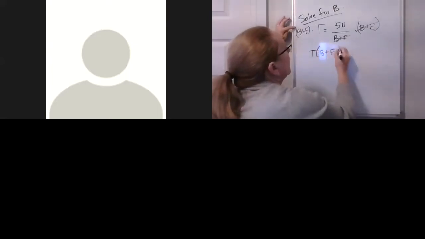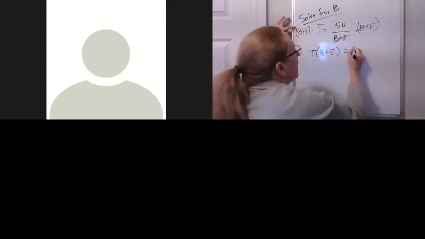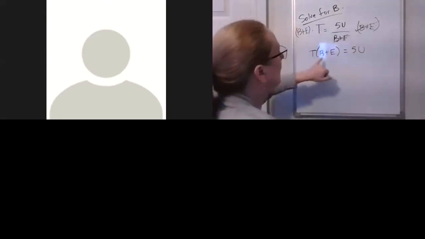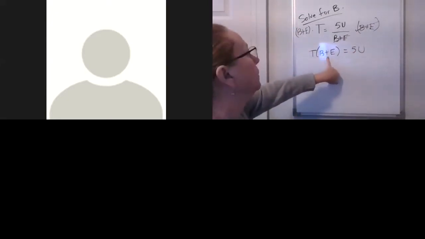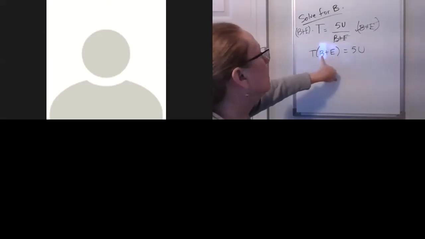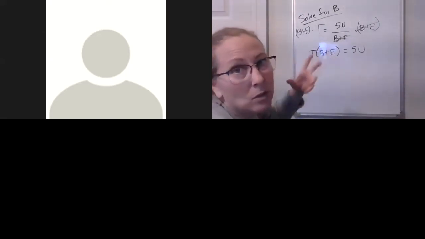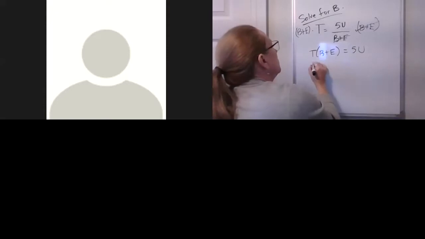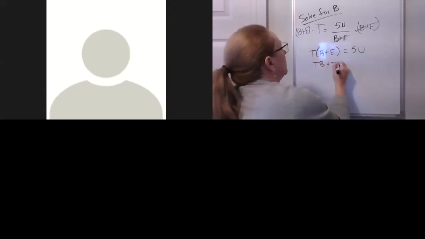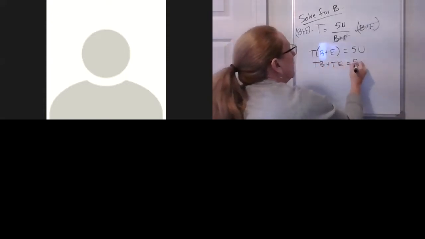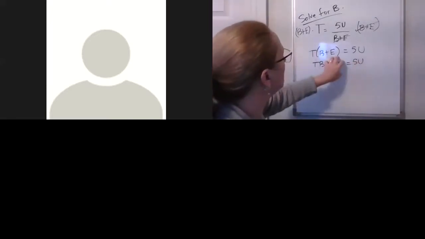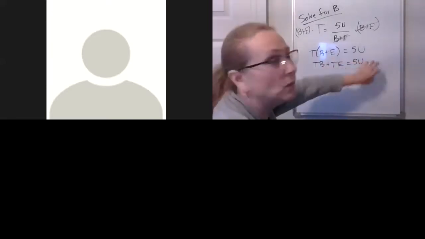We've got t times b plus e here. And on this side, all we have is 5 and u. Now, we have to distribute it. We can't break the b away from the e without distributing. We got to get those parentheses gone. And we can definitely take this te and move it.